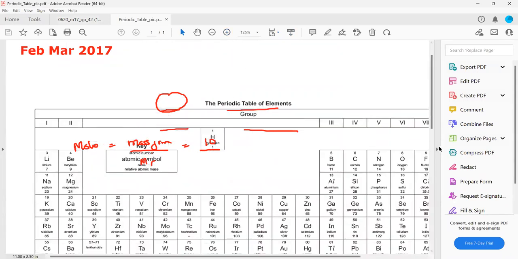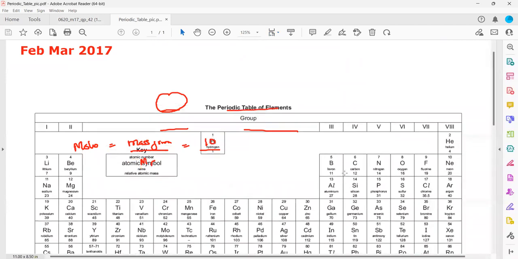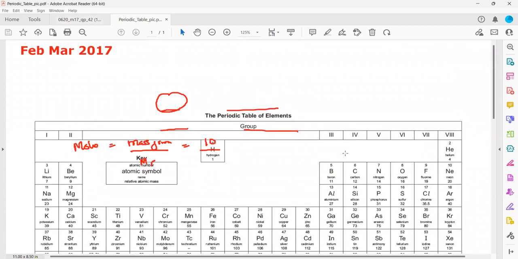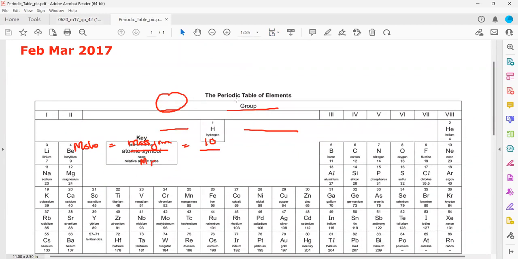So here is a periodic table image. For barium, 197 is the total, but roughly barium is 137, carbon is 12, and oxygen is 16.